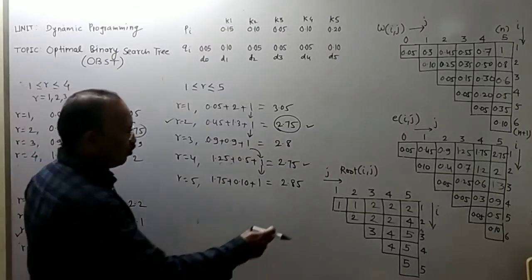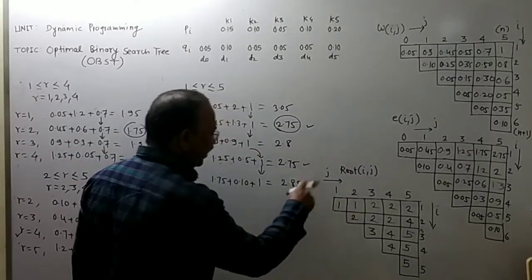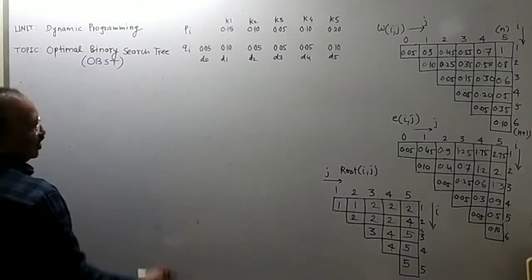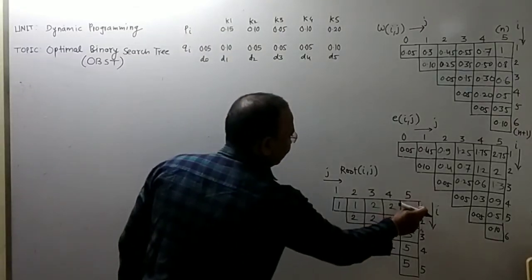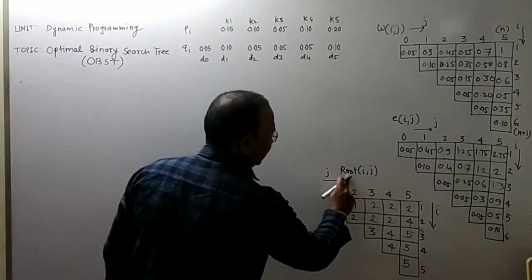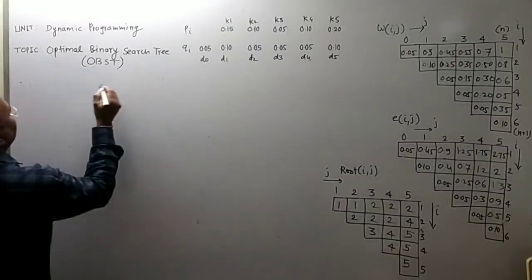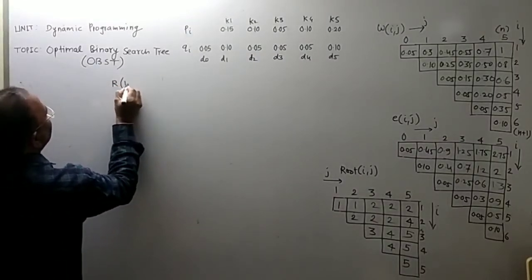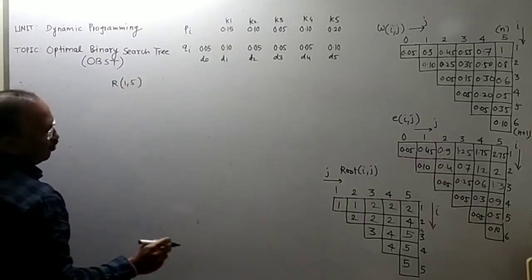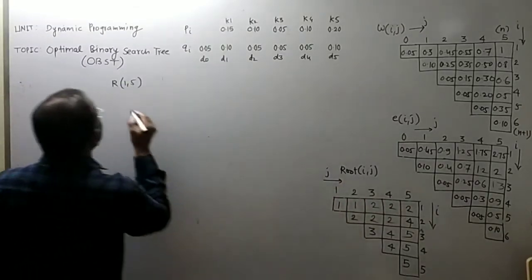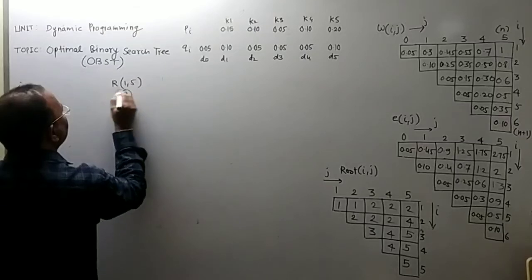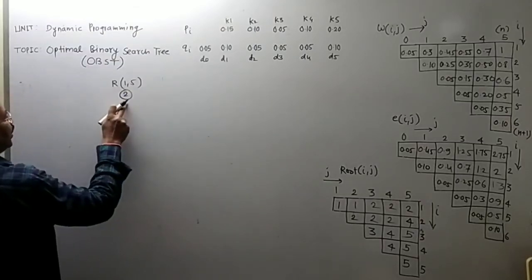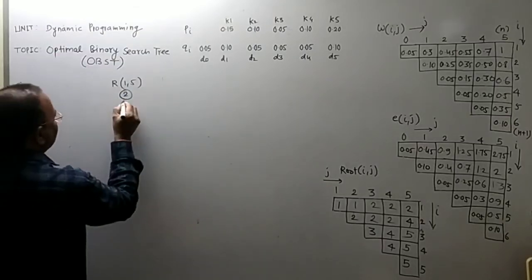Now from the root table we try to get the OBST. Start from the 1, 5 cell of the root table. Root 1, 5 has the value 2. It gives us the actual key K2.